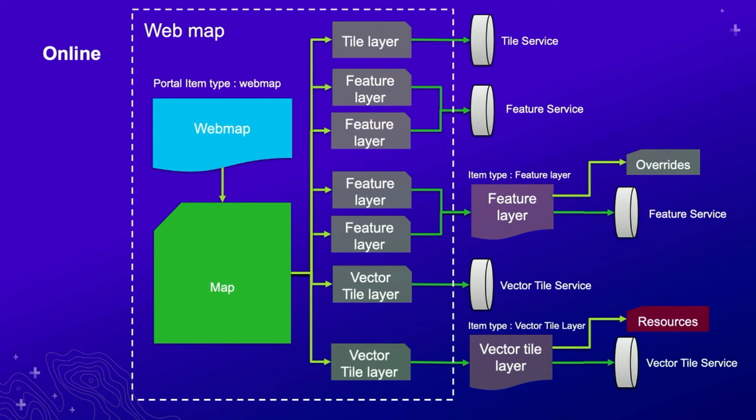We've got many, many vector tile base maps. They're actually supported just by one or two vector tile services. And all the different symbology options are controlled by overriding the default vector tile service symbology and storing these overrides in the vector tile layer item that points to a specific set of resources.